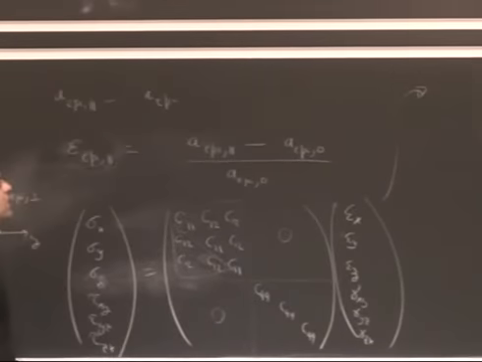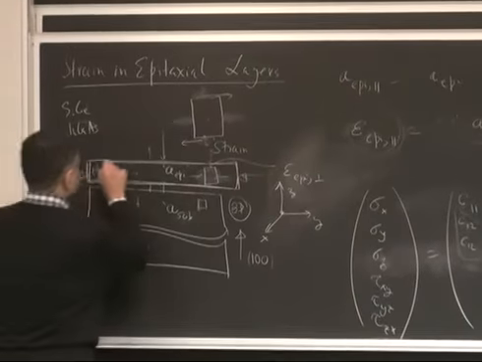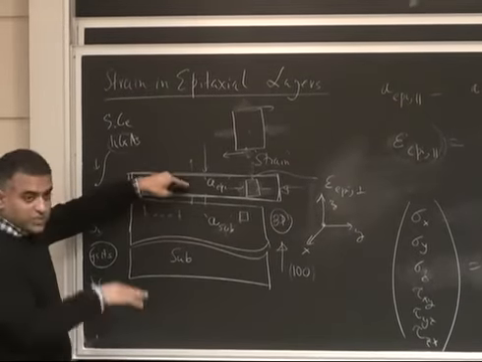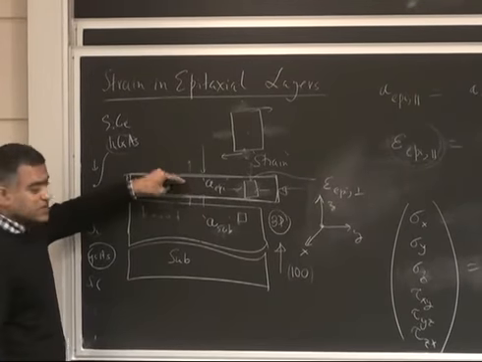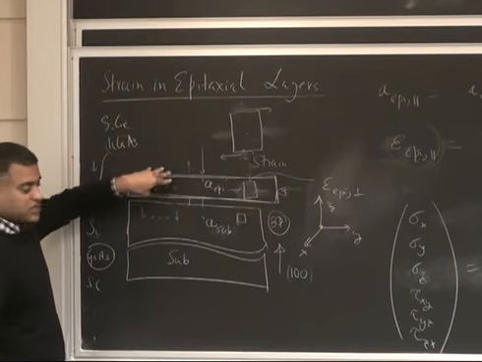So now what we can say is, if this layer, now we're going to use some boundary conditions. If this layer is the top surface, it's not a buried layer, there's nothing on top of it anymore. It's free on the top.